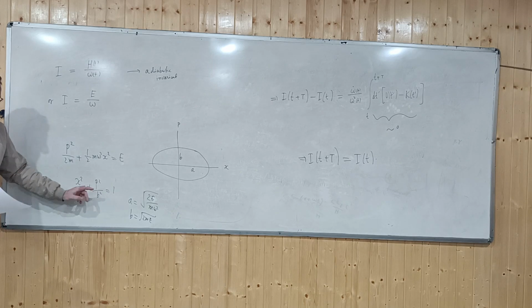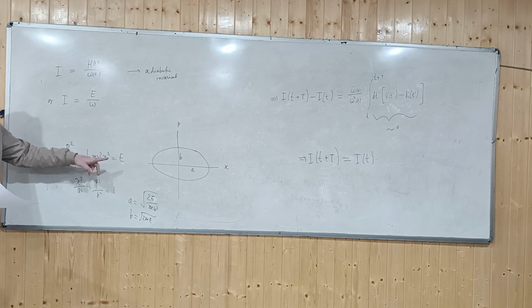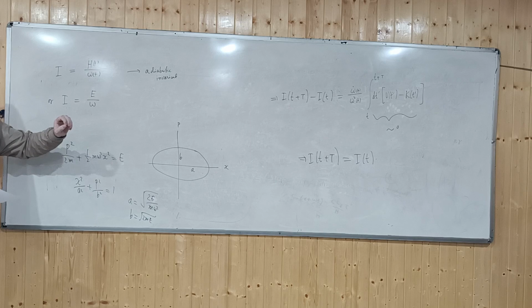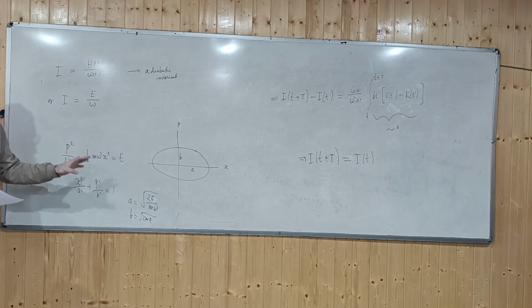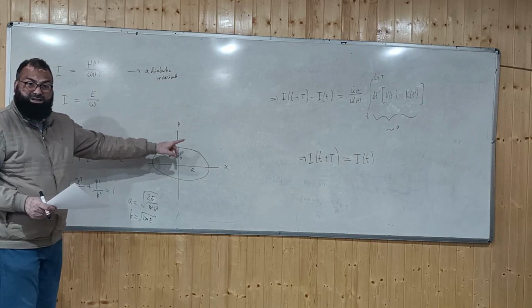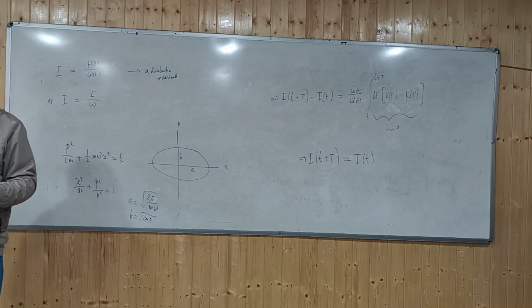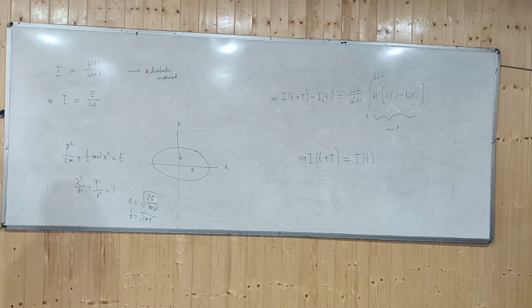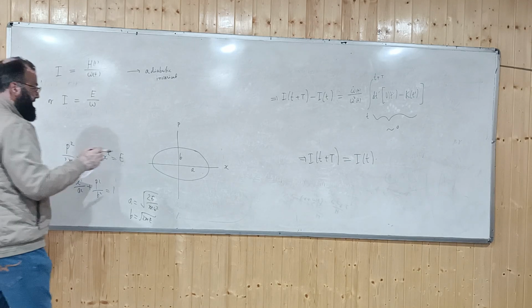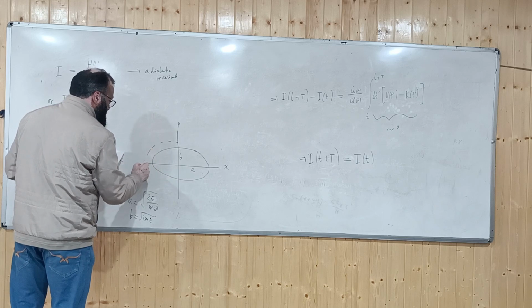So that means for every energy you will be having an ellipse. If you increase the energy, you get another ellipse. So the evolution of the harmonic oscillator in phase space is simply the evolution of ellipses with larger areas. Clear? So you will be getting another ellipse.